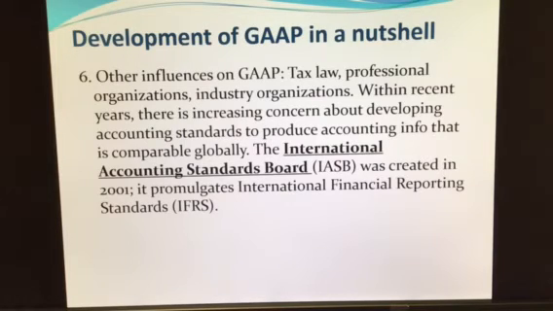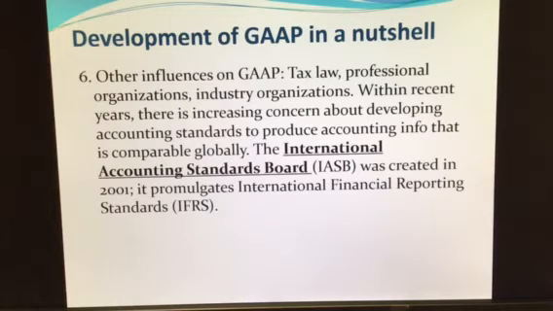We have a number of large corporations that, although they may have originated in one country or another, have operations throughout the globe. And so there was a need for a consistent form of financial reporting, and that's addressed by the International Accounting Standards Board. It was created in 2001, and it promulgates what are called International Financial Reporting Standards, or IFRS.